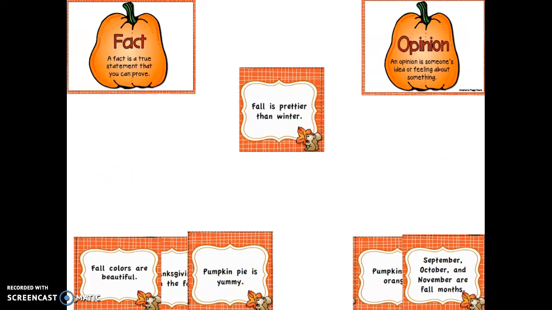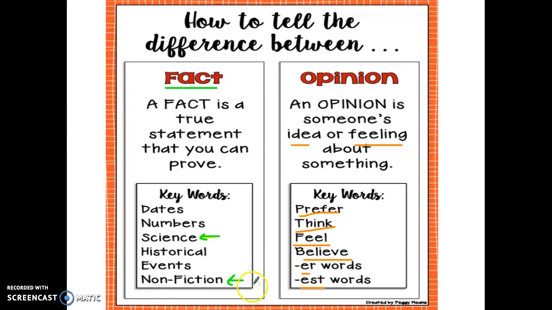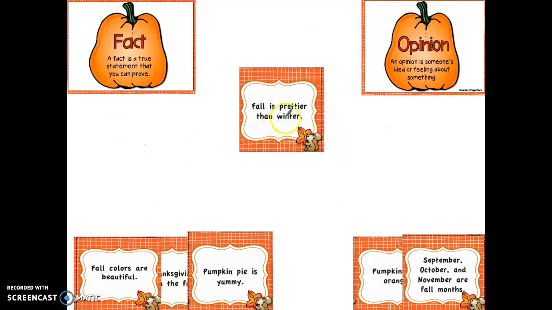If we think back to our clue page and the ER words, usually statements with these ER words are opinions. And here's a perfect example of that. Fall is prettier than winter, okay? That might be how I feel about fall. Miss Roberts may think fall is prettier than winter, but there may be people in our classroom today who love winter and think that falling snow is the most beautiful thing ever, so they would argue with my statement.